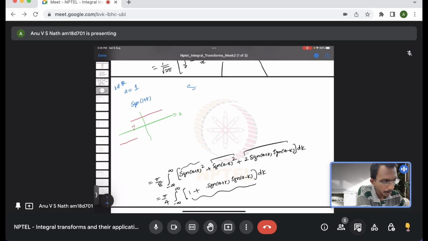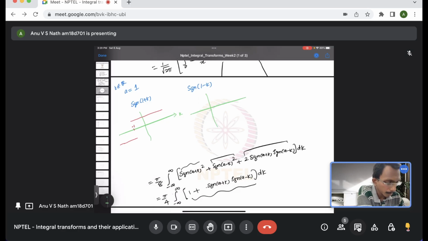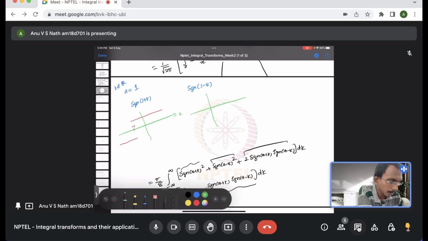Similarly, if you look at sine of 1 minus k, because we need sine of a plus k and sine of a minus k. So here we are particularly looking at the value a equal to 1. So what we are going to see is that this function sine of 1 minus k changes sign when k is equal to plus 1.